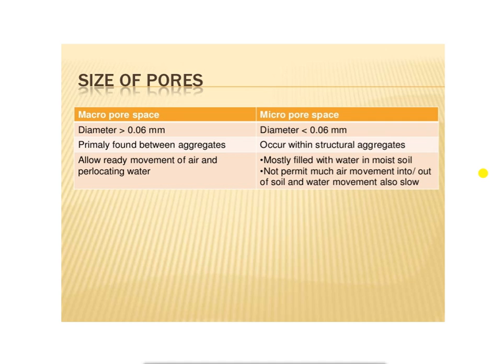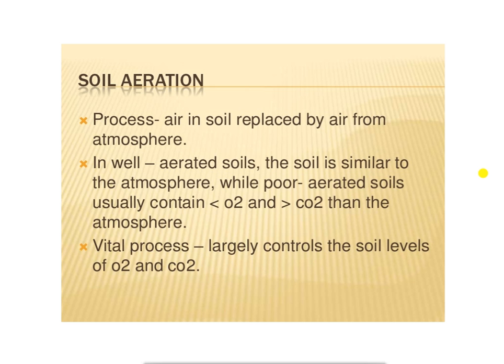Macropores allow ready movement of air and percolating water, and micropore space is mostly filled with water in moist soil, does not permit much air movement into or out of the soil, and water movement is also slow, depending upon the size of pores.